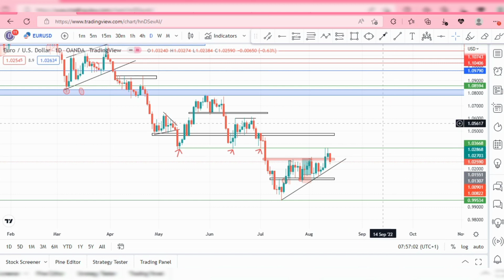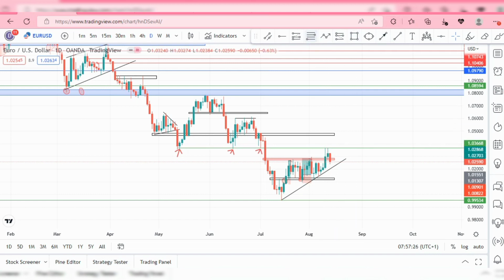Another thing that we need to point out again is just to show why my bias is more bearish for Euro USD. One, this very strong resistance area here that price has tested before was the strong support. Price broke through it, and now price has come to test it again as resistance. So that is one.